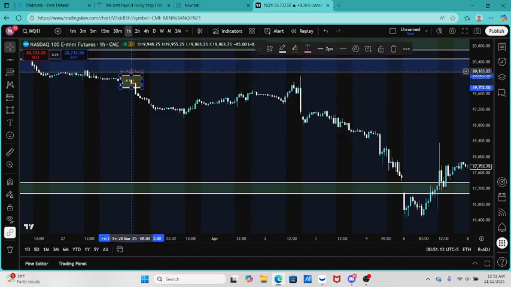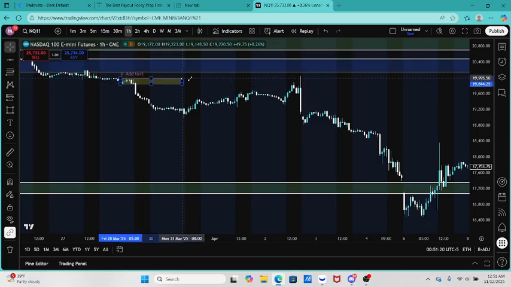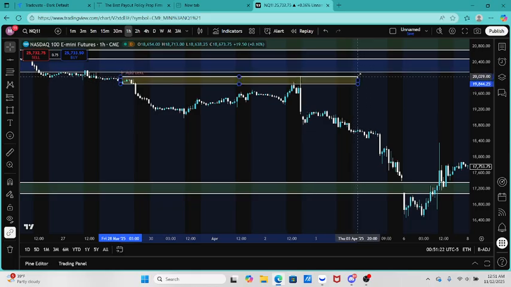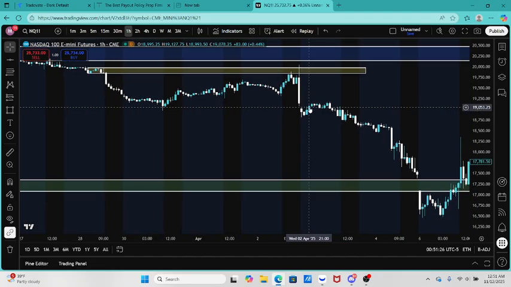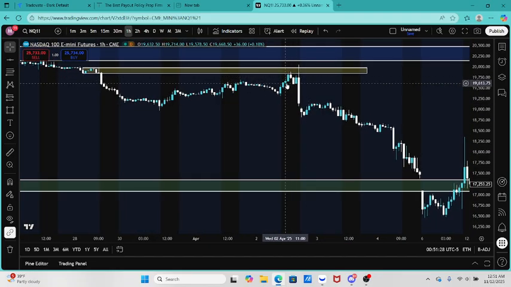Engulf that order block right there. Get the high of that. Drag that over. So you see that? We didn't offer a fair value gap entry, but we did offer an order block entry.